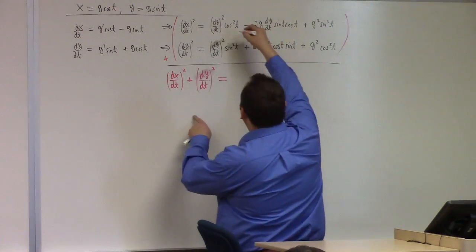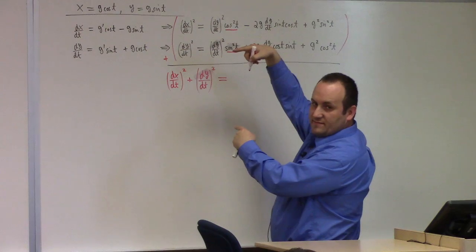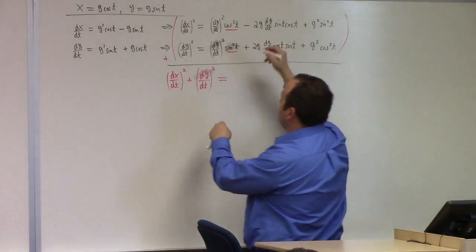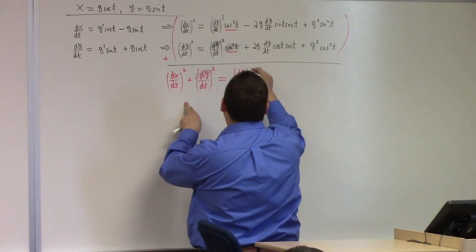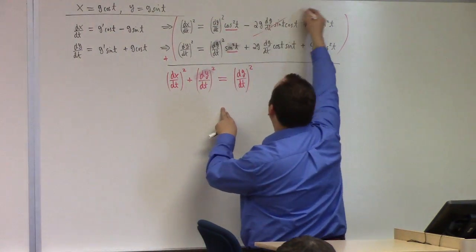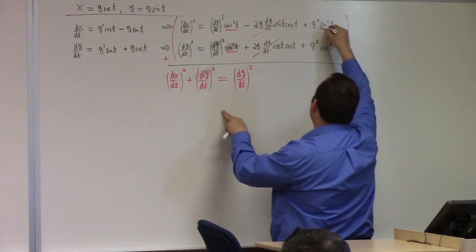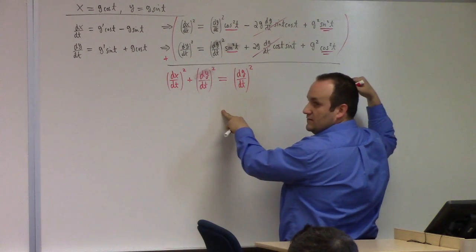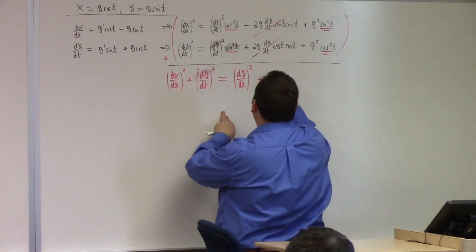Well, see what happens here? Sine squared plus cosine squared gives us 1. So we have dg dt quantity squared. These guys cancel. Wonderful, because those are ugly. But these are pretty. See this? Sine squared, cosine squared again, common coefficient of g squared. So we just get plus g squared.